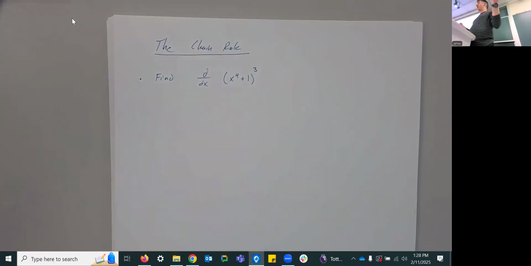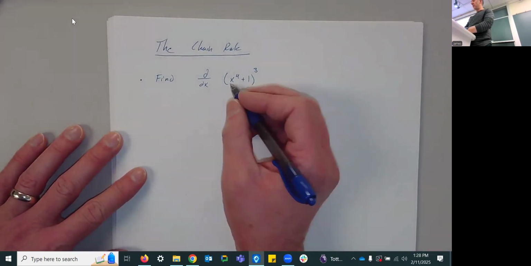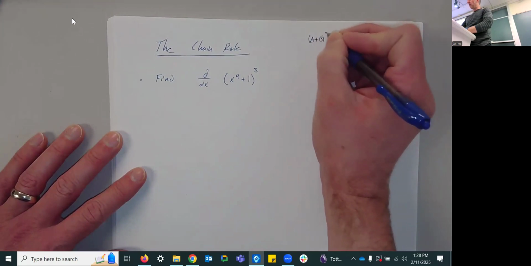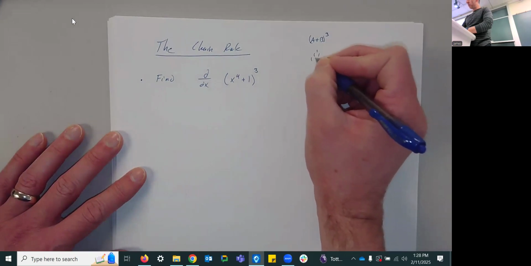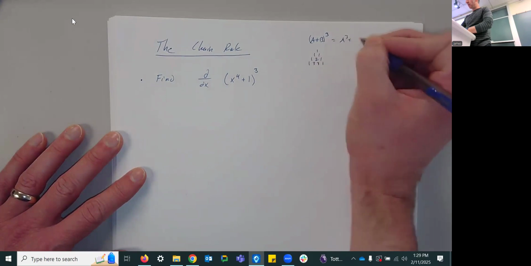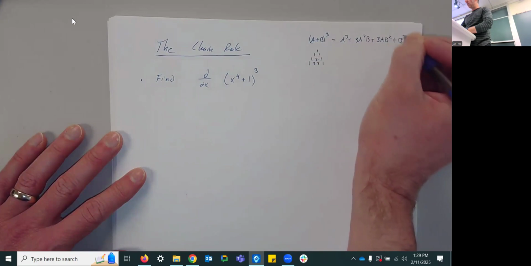The first way, we're just going to multiply it out. I'll remind you from our Pascal's triangle stuff that if you have something plus something cubed, like a plus b cubed, that's just the third row of Pascal's triangle. It's going to be your 1, 3, 3, 1. That's going to be a cubed plus 3a squared b plus 3ab squared plus b cubed.